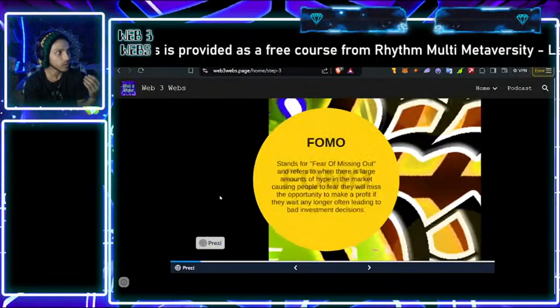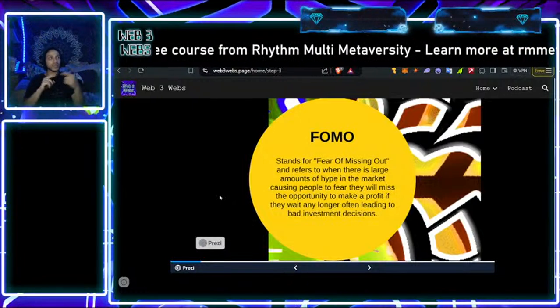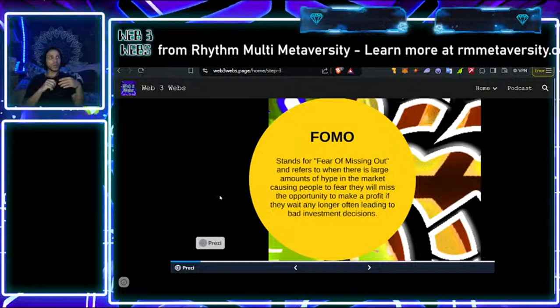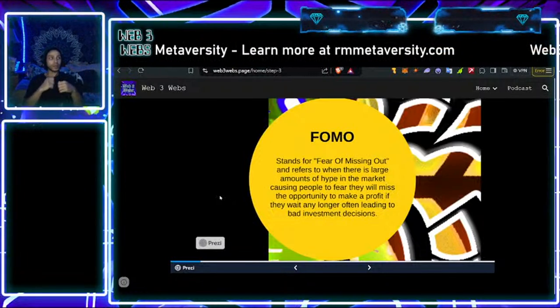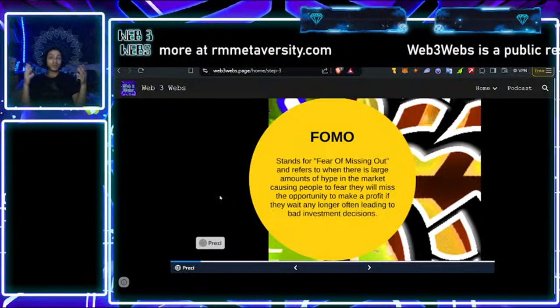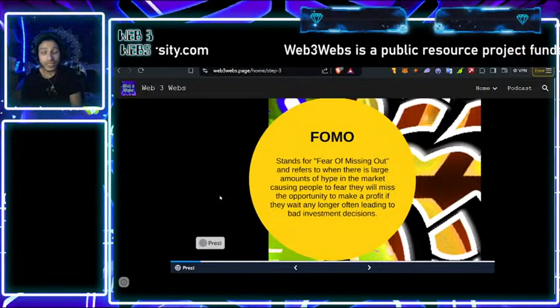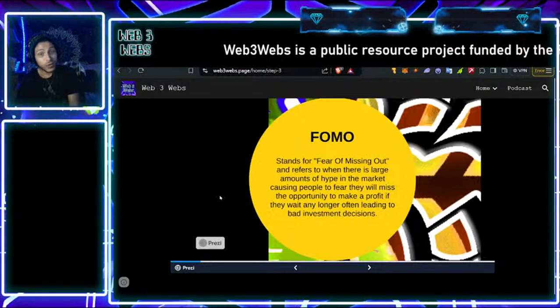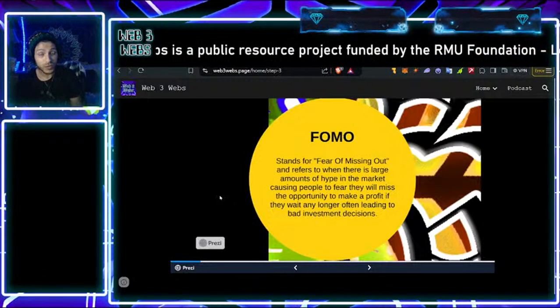And the FOMO, which is the next one coming up, stands for fear of missing out, and refers to when there is a large amount of hype in the market, causing people to fear they will miss the opportunity to make a profit if they wait any longer, often leading to bad investment decisions. Right, so they'll say things like, if you don't buy this now, it's going to be 5 times the price in the future, and you won't be able to.